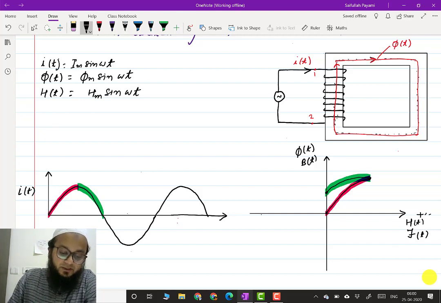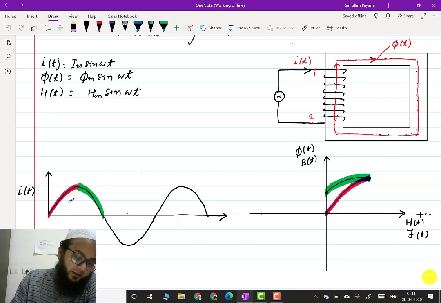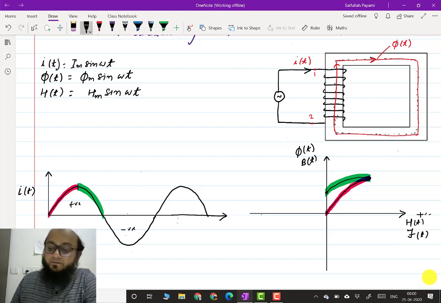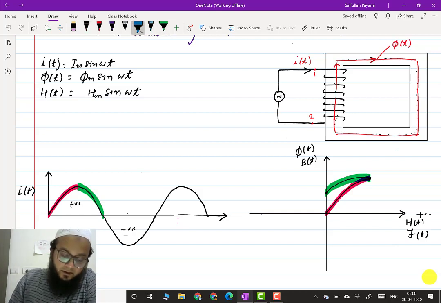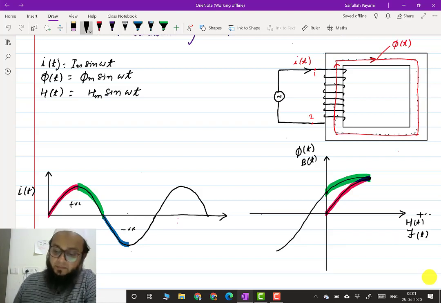Similarly, H towards the right-hand side would be positive and towards the left it would be negative. Let's say the current, or the magnetic field intensity, has reached its peak in the negative direction. Similarly, the flux will reach its peak in the negative direction.